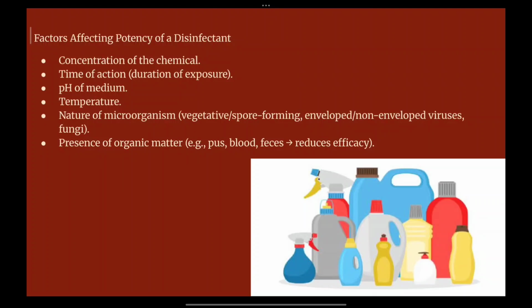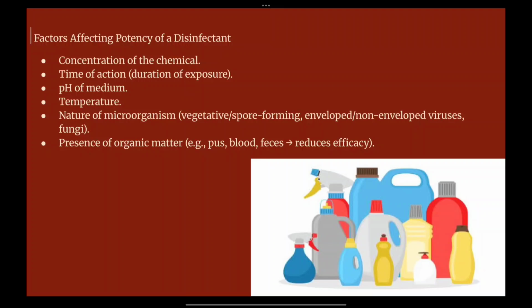So the factors that affect the potency of disinfectants. Sometimes the concentration of the chemical can also be a factor. If the concentration is high, it can cause a toxic environment, and the disinfectants may cause respiratory problems. If the concentration is low, then it is ineffective and does not produce the disinfecting effect. The time of action also matters.